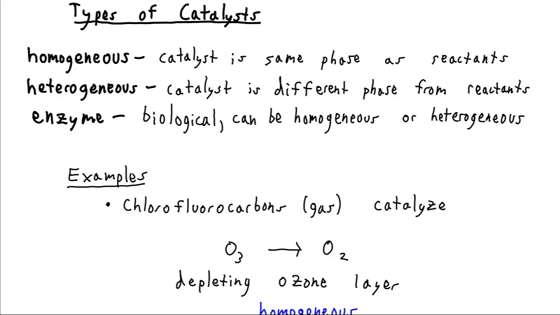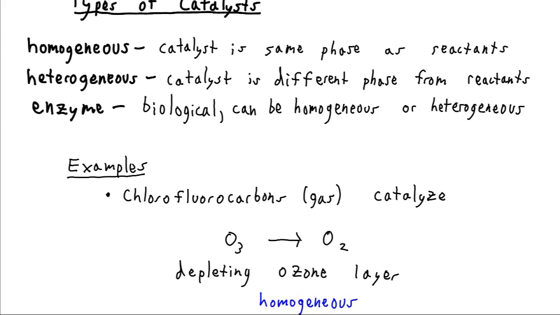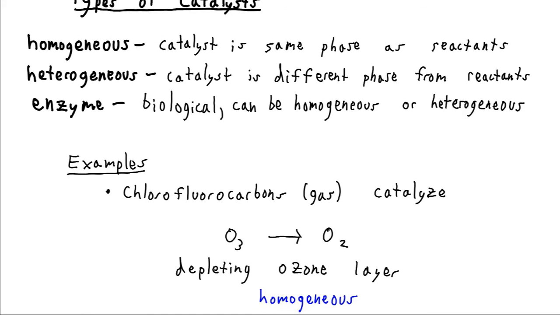An example of a homogeneous catalyst, chlorofluorocarbons were once used as refrigerants to run your freezer and your air conditioner and your automobile. And the problem was that they would catalyze the reaction of ozone breaking down into regular oxygen.